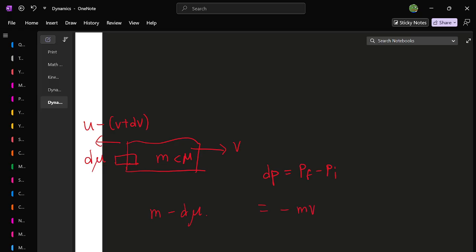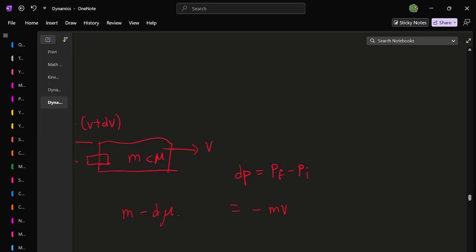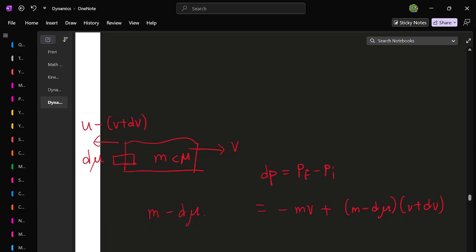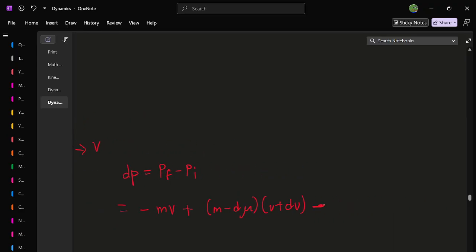Pi is just mv, because that's just the rocket itself. Then pf consists of the rocket and the fuel. For the rocket, that will be m minus d mu times v plus dv. And for the fuel, because it's opposite in direction to the rocket's motion, it will be negative of d mu times u minus v minus dv.